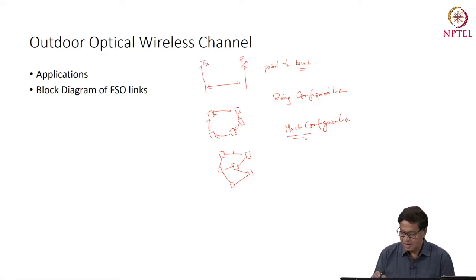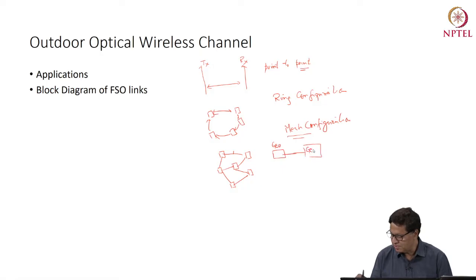Now let us understand, this is application in the terrestrial, for example. You can also use optical wireless communication channel in space. For example, connecting two GEO satellites, or connecting one GEO satellite with a ground station, or from a GEO satellite to a LEO satellite. So you can have connectivity, for example, from a GEO to another GEO satellite.